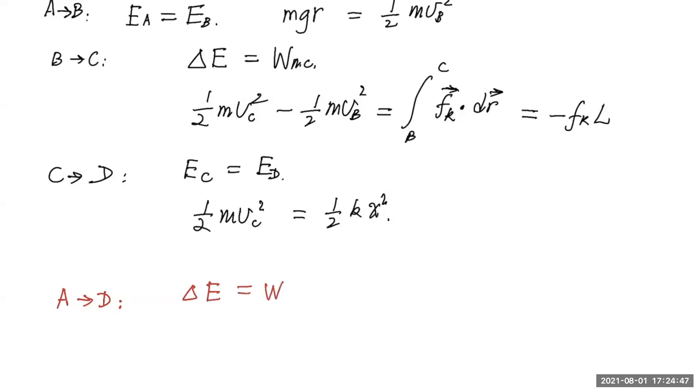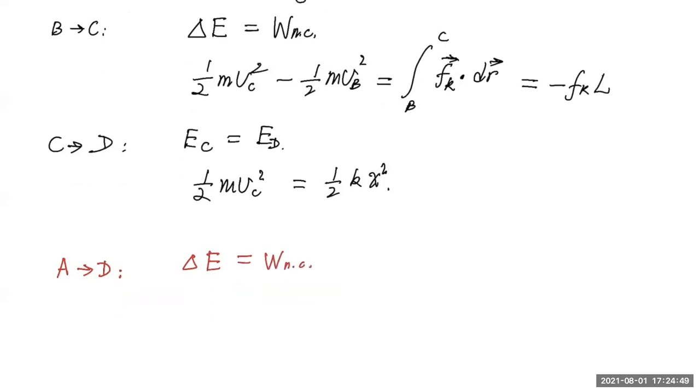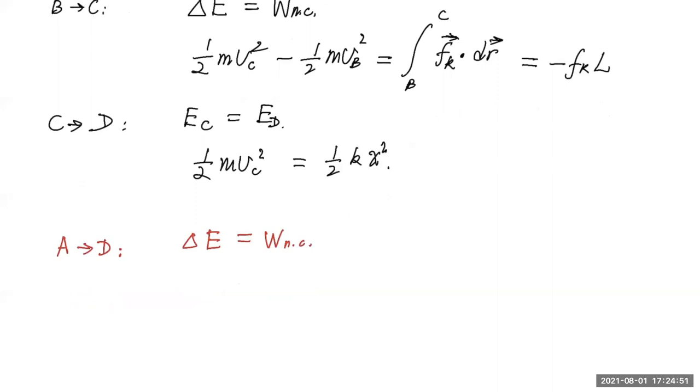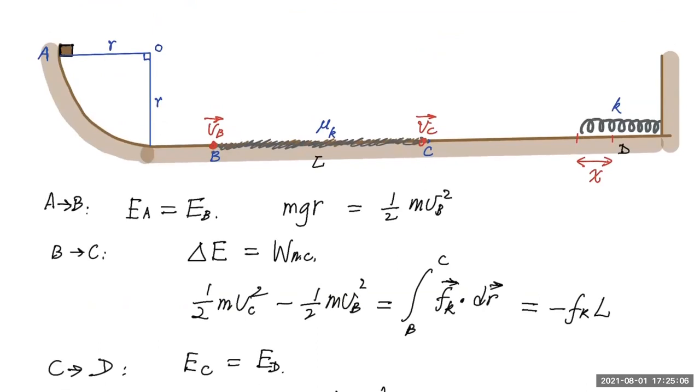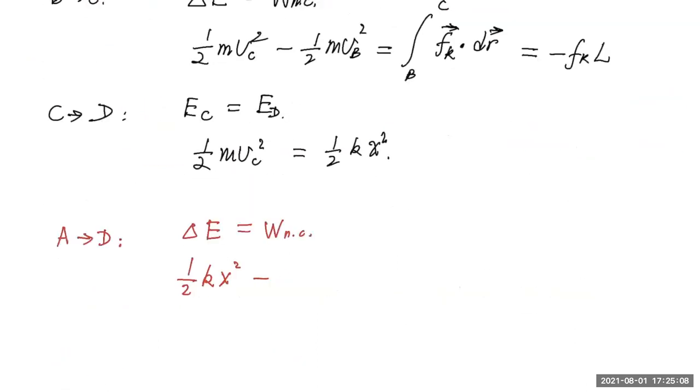You cannot write delta E equals 0. Okay, but we can then write down delta E as the final energy, which is purely potential, 1/2 kx squared, minus the initial energy, which is also purely potential, but it's gravitational potential energy, mgr. Okay, mgr. And that equals the work done by the non-conservative force, which is negative Fk times L.